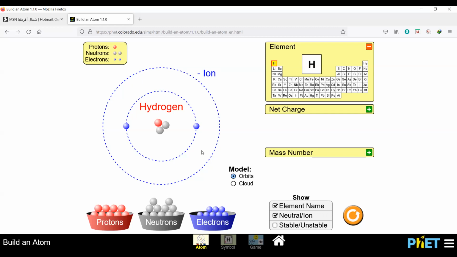Inside the nucleus, we have protons and neutrons. Okay. What is the charge of protons? The charge of protons: positive, negative or neutral?